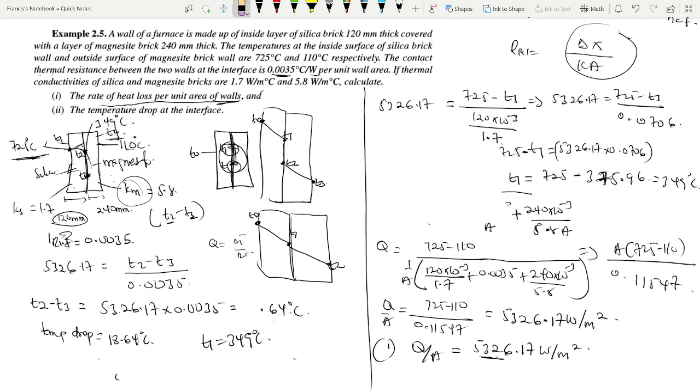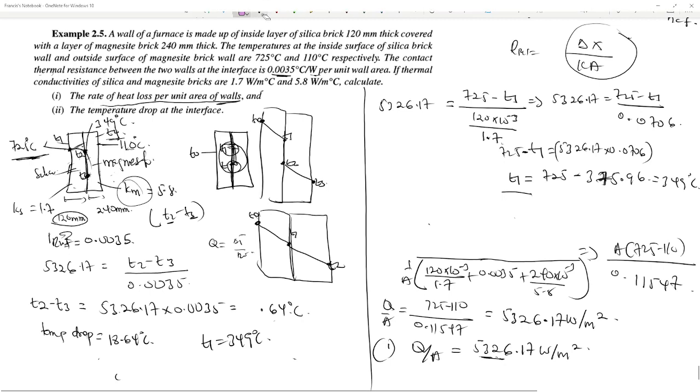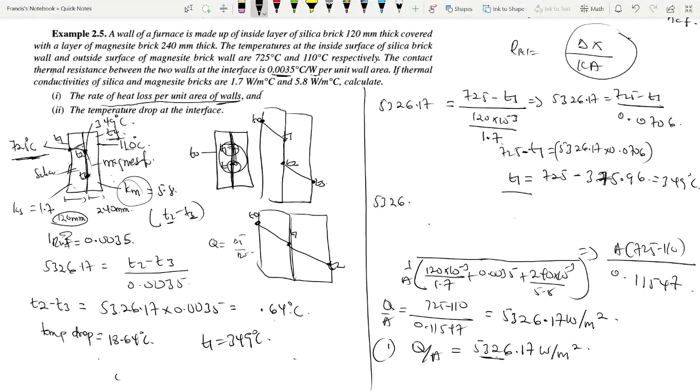We can use the same approach also. So T2, we can see that that same 5326.17 should be equal to... So now we have our T1. We can just repeat that. But I don't want us to use the route. Sorry, what we found was T2 rather.